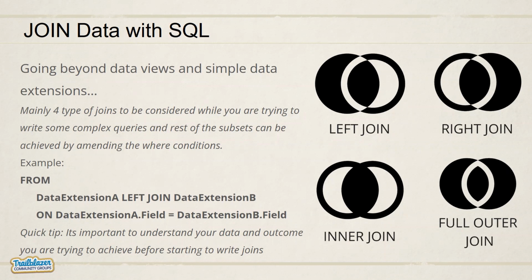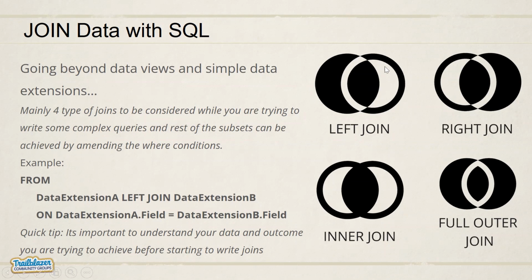Now, SQL is not just a select query. You have to join multiple databases. That is where the power of SQL comes into play. There are mainly 4 types of joins: left join, right join, inner join, and full outer join. Whatever comes beyond this can be controlled with a where condition. Let's say I consider this left join, and I don't want to have all of this data.